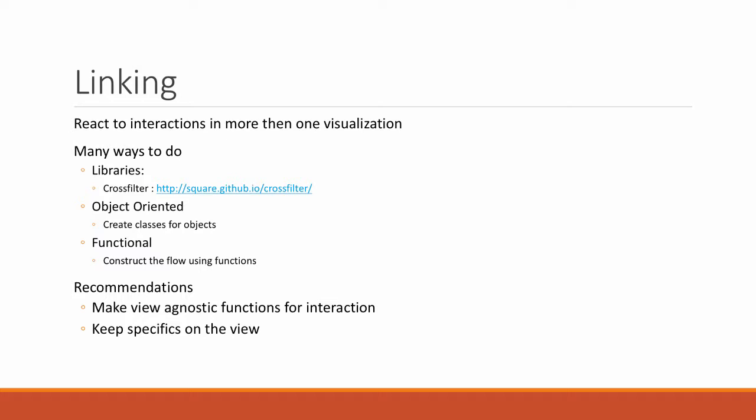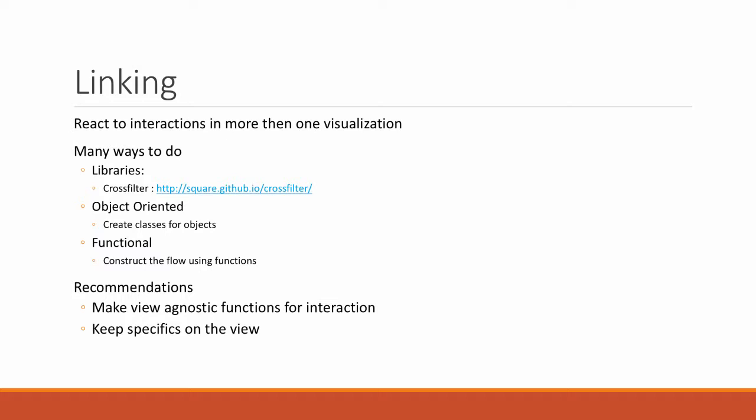So you can create one class for each specific view or each specific visualization. So this is one way. It's not required to do that. And the other way is a more functional way. You just create functions to render specific parts of the visualization. So you can just call these parts of code whenever you need, and that makes things easier as well.